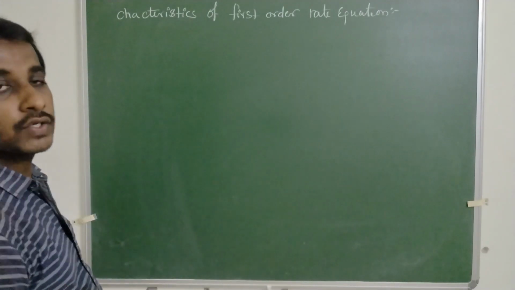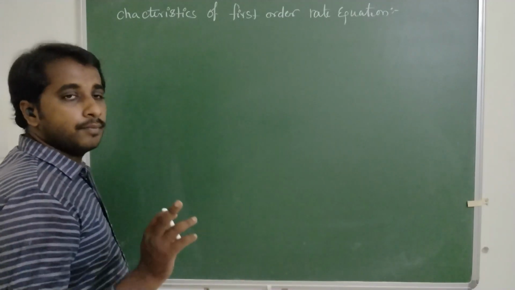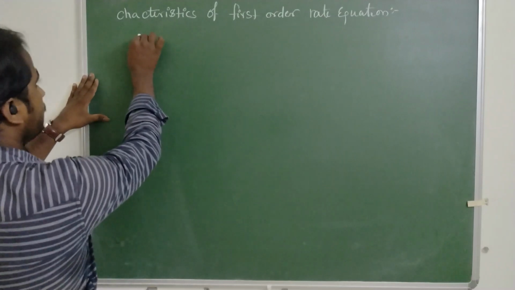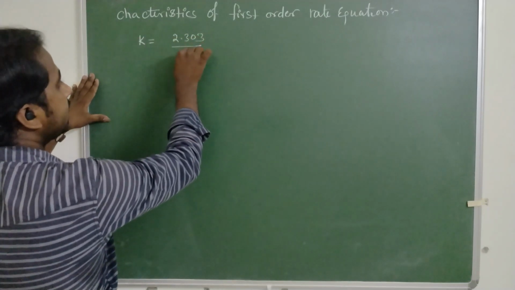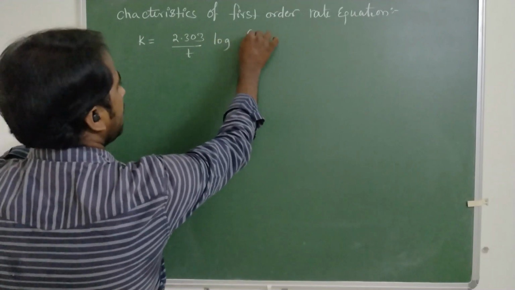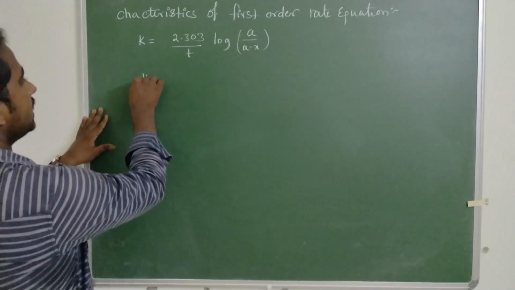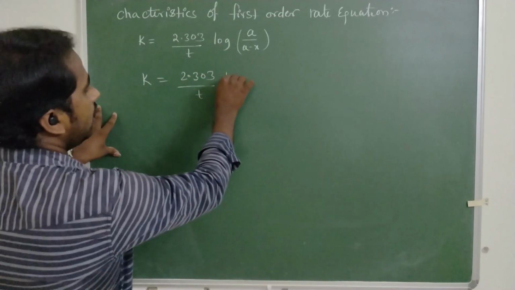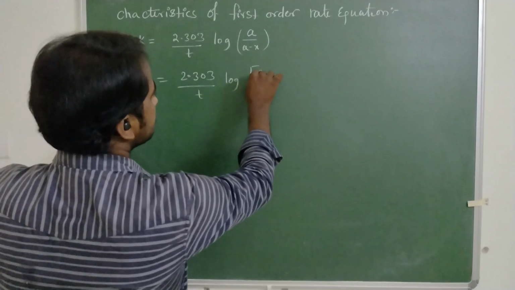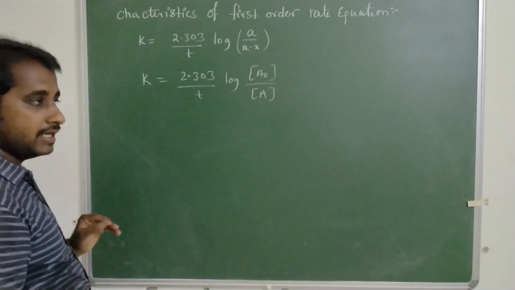Characteristics of the first order rate equation: whatever the reaction, if it follows first order, it must obey the equation k is equal to 2.303 by t log a by (a minus x). Here k is equal to 2.303 by t log of initial concentration a naught and concentration after some time a.